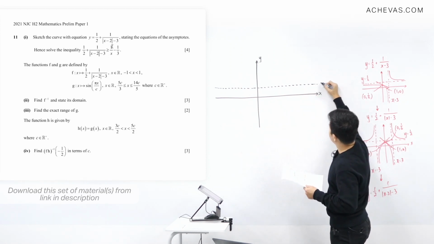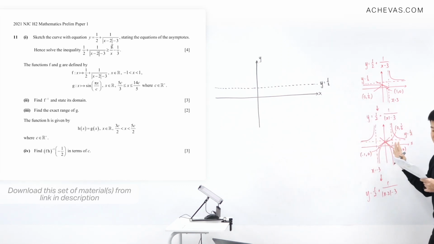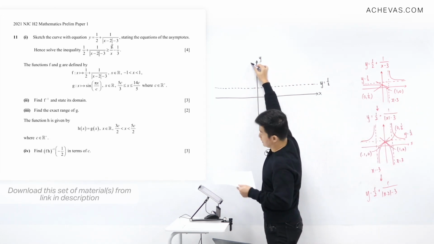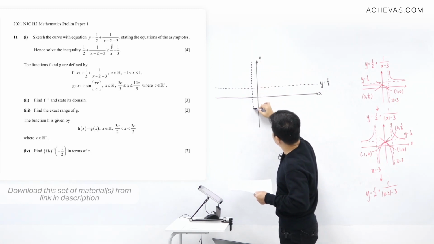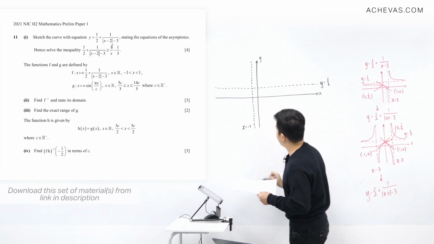Okay, so here we have y is equal to 1 over 2. The 2 vertical asymptotes are going to be translated by 2 units in the positive x direction. So x is equal to minus 3 will become x is equal to minus 1. We have a vertical asymptote here. This is x is equal to minus 1.